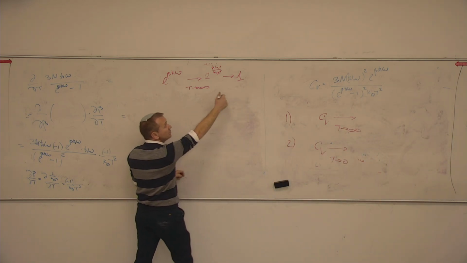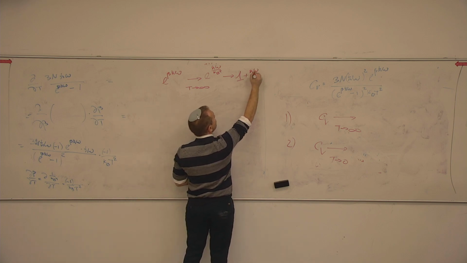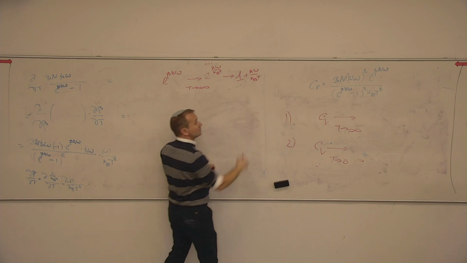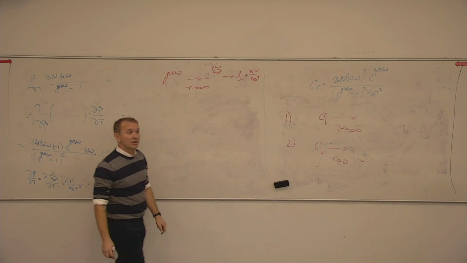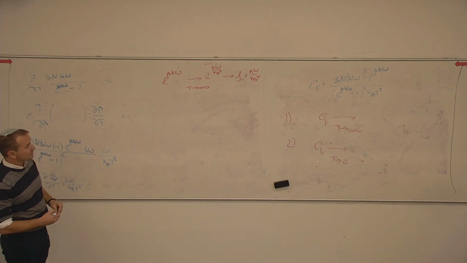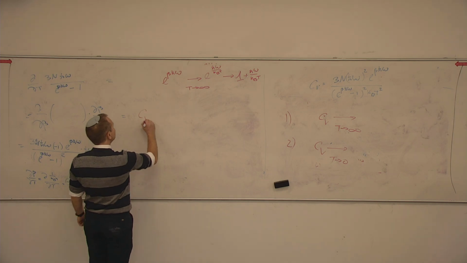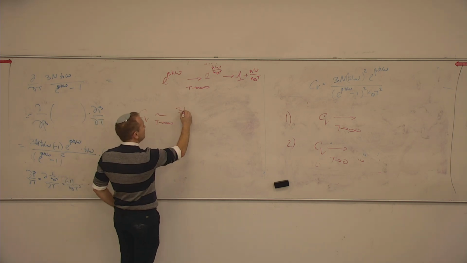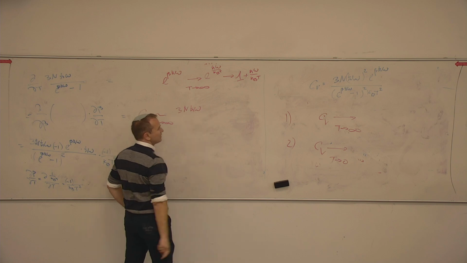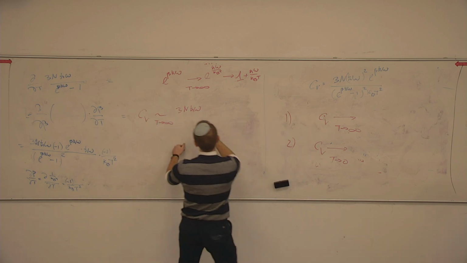What is the next term? Plus h bar omega divided by k Boltzmann T. We see that as T becomes very large, this term becomes more and more negligible. So CV, as T goes to infinity, is 3N h bar omega squared.